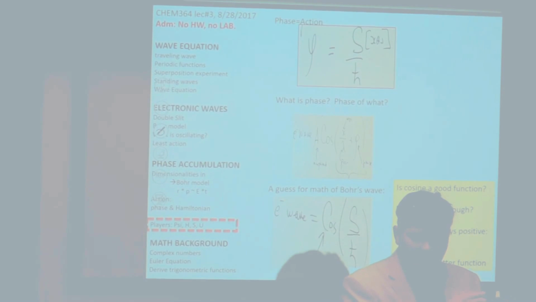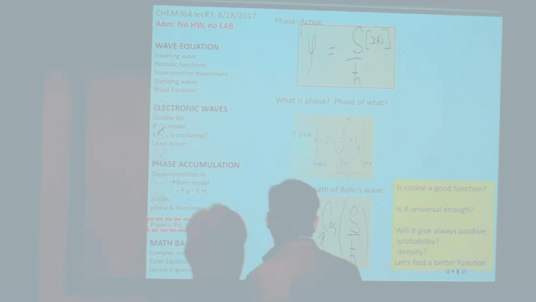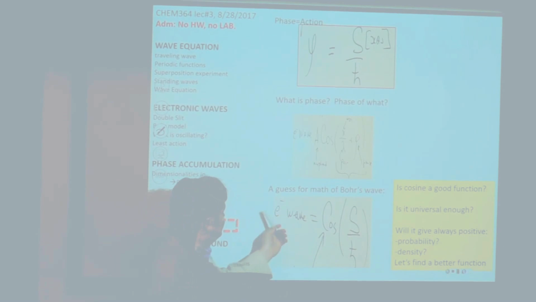So maybe we need to do something with them. Maybe it is not ideal, it's just a little bell. But if it would be cosine, we would say that electron is cosine of action divided by Planck. Do not reproduce it in public, it is wrong. We are going to be much more rigorous.